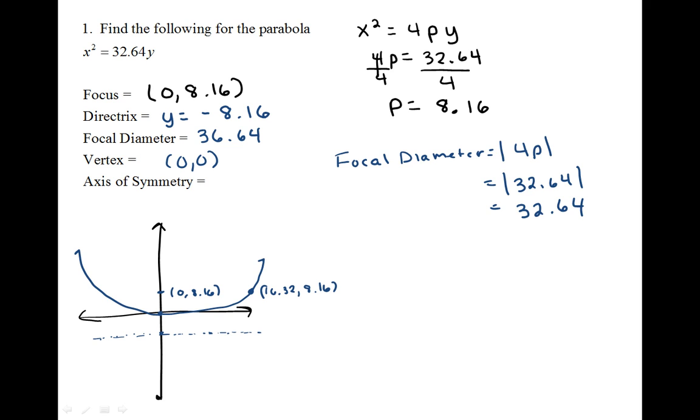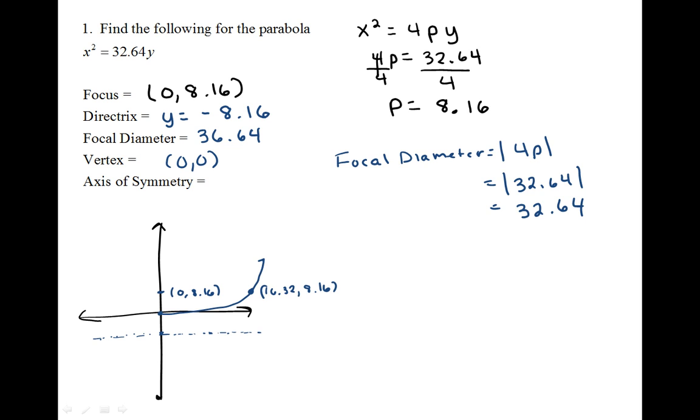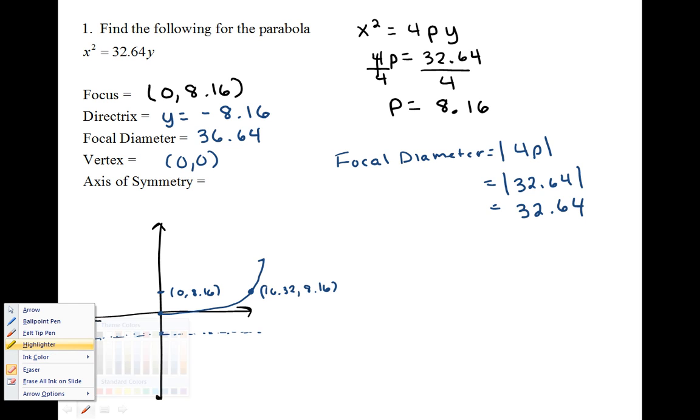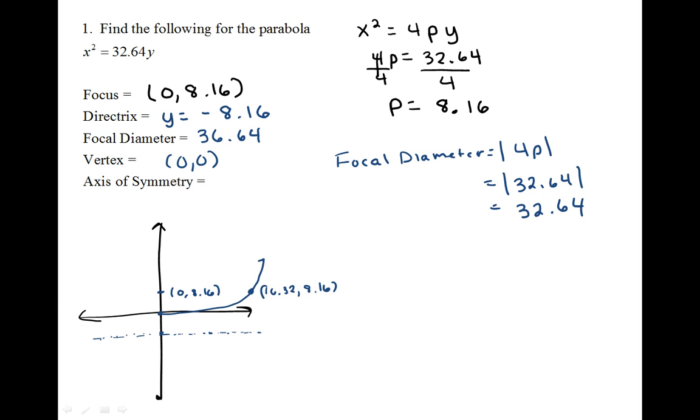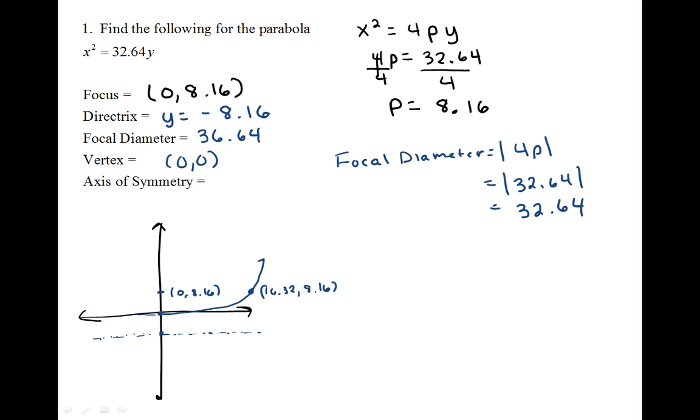And then on the other side, it would be, and I haven't drawn this exactly to scale. Let me get my eraser just to fix it a little bit. Oh dear. Felt tip pen. And then on this other side, it would be negative 16.32, 8.16.